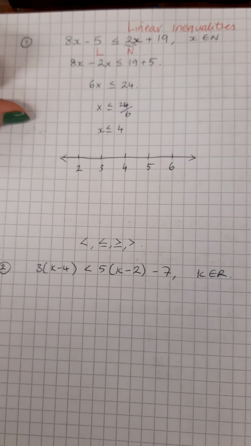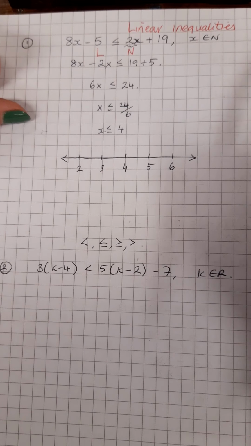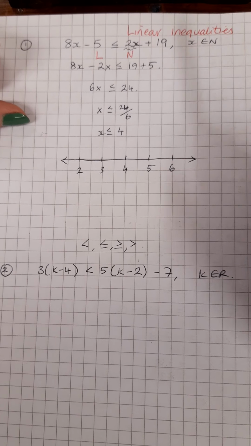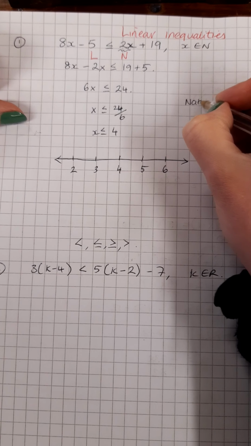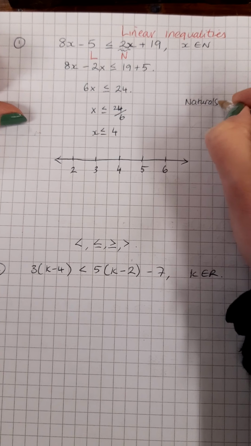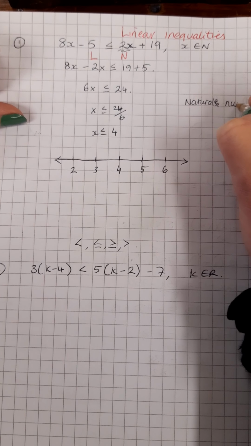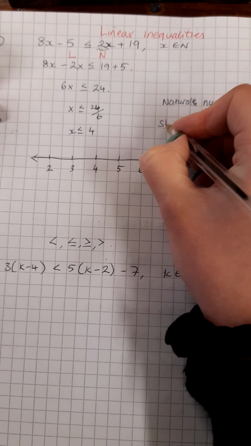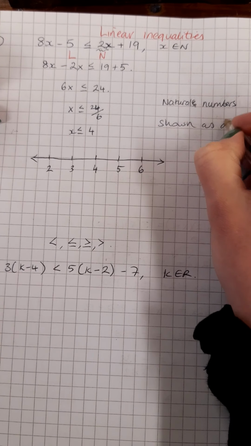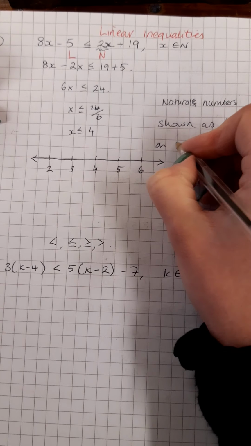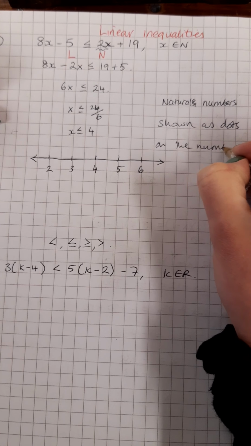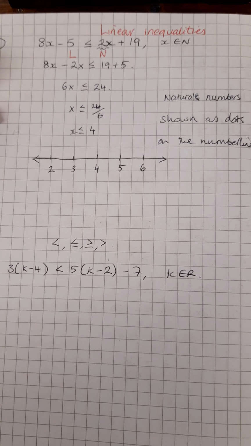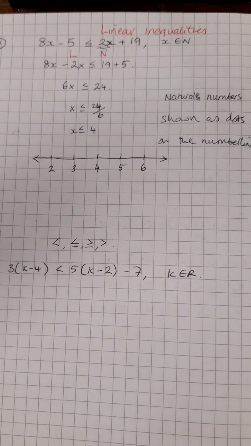Now, we were told at the very start of this question that we're dealing with the numbers of N. N are natural numbers, and natural numbers are shown as dots on the number line. If you were ever asked about integers, that's the letter Z, they are also shown as dots.